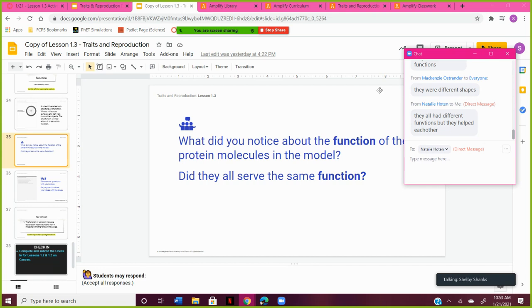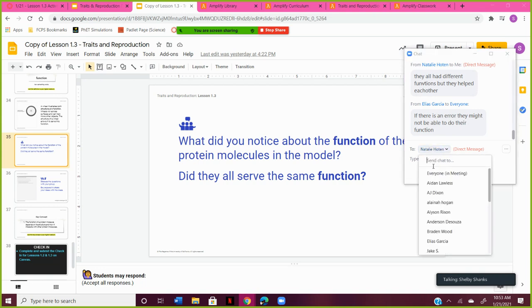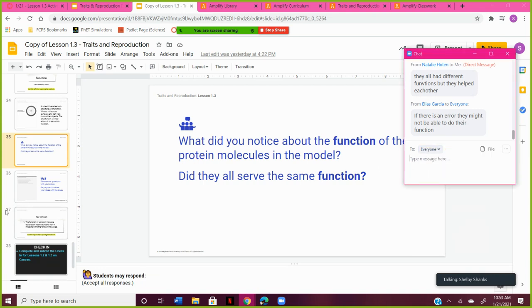Natalie said even though they had different functions, they all helped each other in some way. If there was an error, they may not be able to function or do what they are there to do. Good. If you have not finished that video, just make sure you finish it as soon as we are done here.